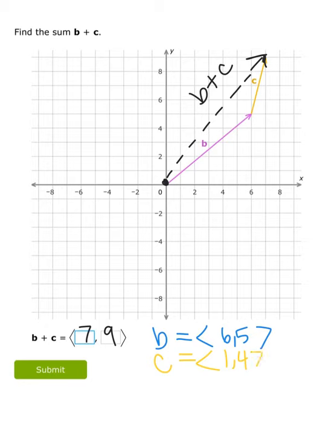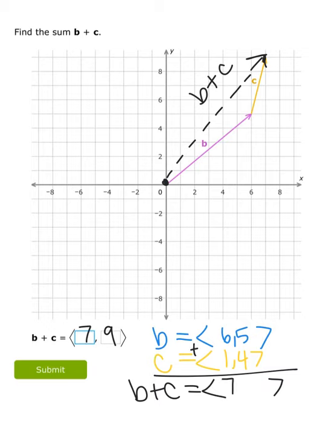So if I were to just add these components together, I would get the vector b plus c, and the component form of that: 6 plus 1 would give me 7, and then 5 plus 4 would give me 9. So this just confirms that we did this correctly, that if we actually add the numbers of the component form together or just use the triangle method, we're still going to get the same answer, 7, 9.